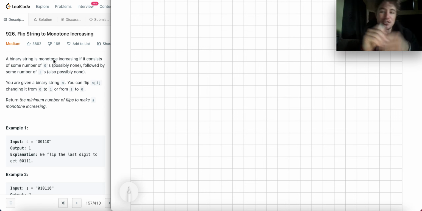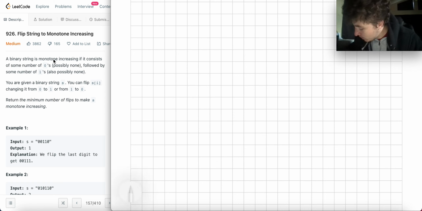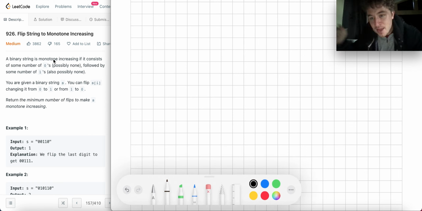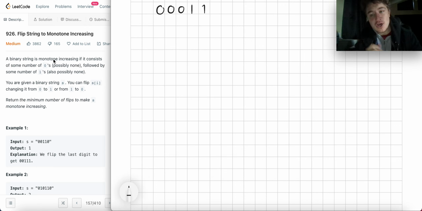So you could think of that as just a binary string that is sorted, right? For example, if we took out this little pen and paper digitally, if we had 0, 0, 0, 1, 1, this would be monotone increasing because the zeros come before the ones. If we had 1, 1, 1, 1, 1, this would also be monotone increasing because we have possibly none.